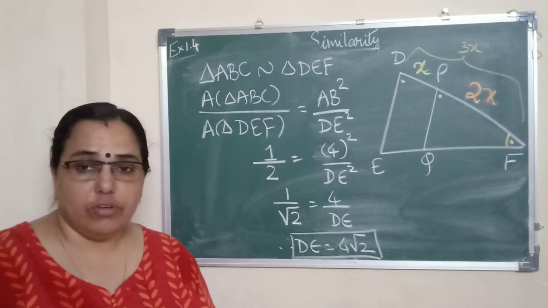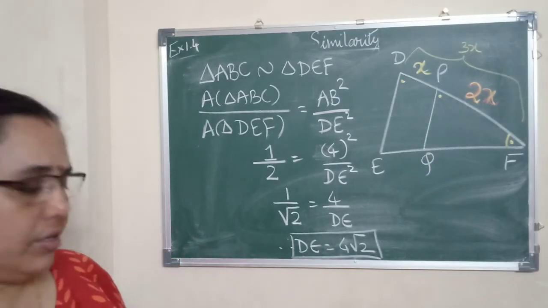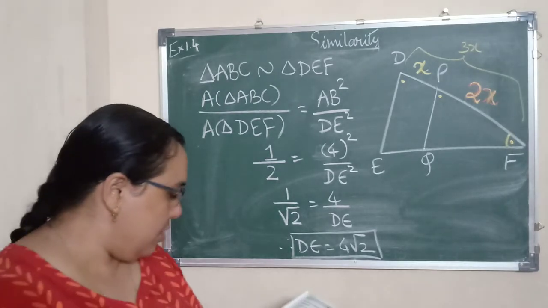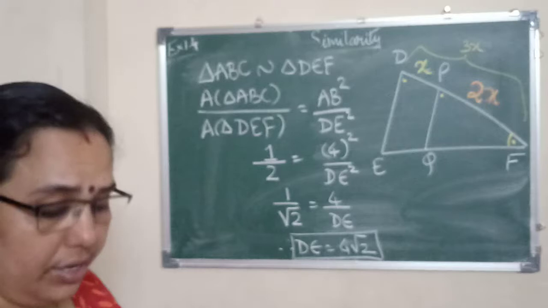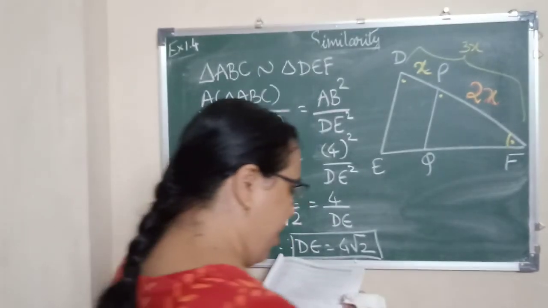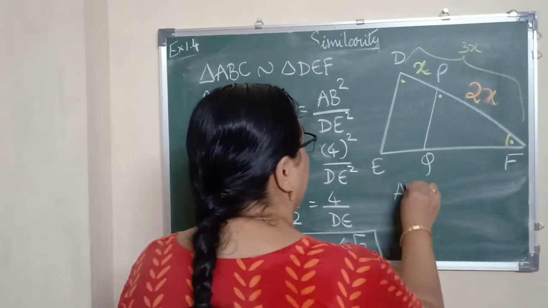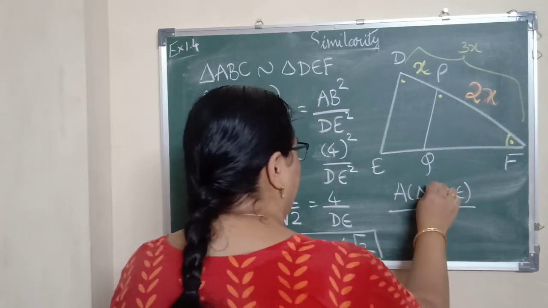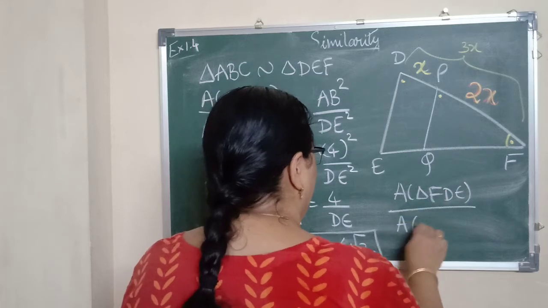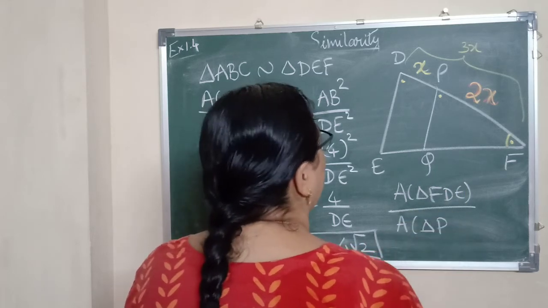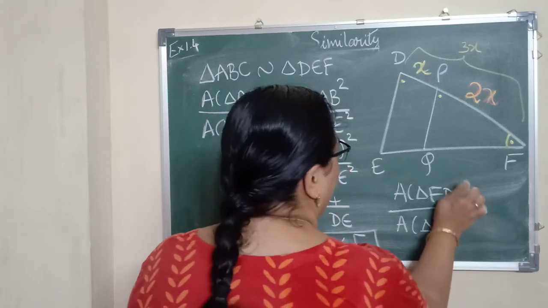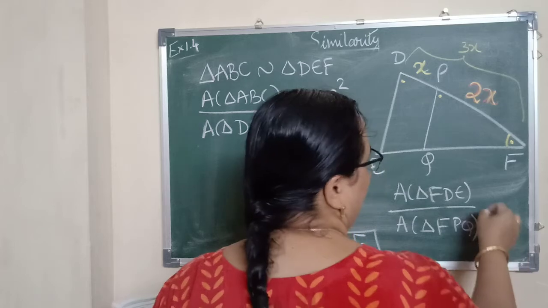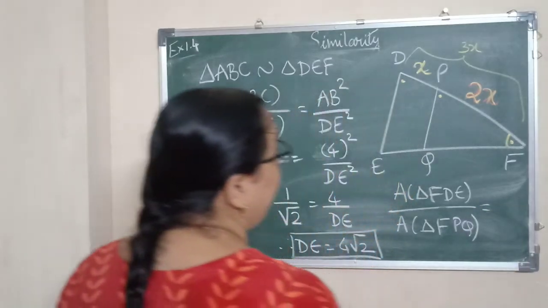Right? After that you can see they are talking about the areas of similar triangles. So what do you have in the theorem on areas of similar triangles? That is, area of triangle FDE upon area of triangle FPQ, the bigger triangle upon the smaller, is equal to, for FDE which side?